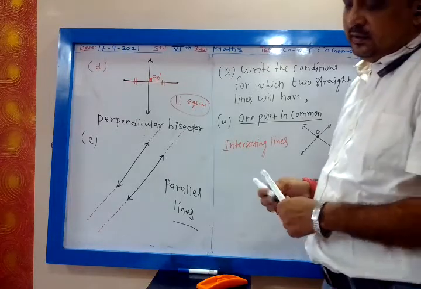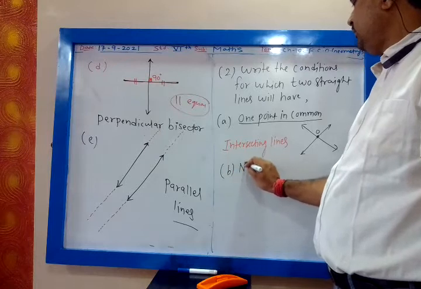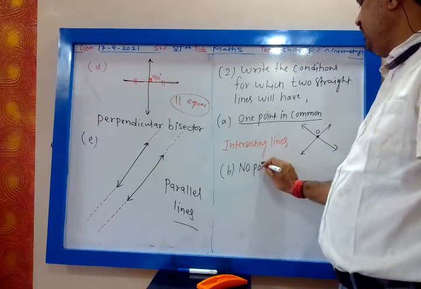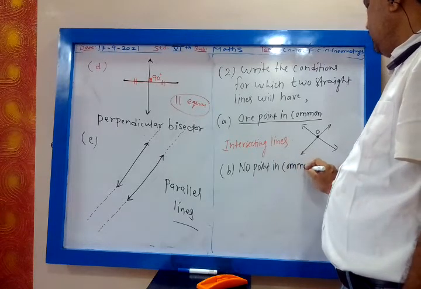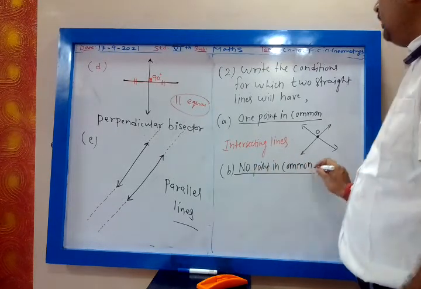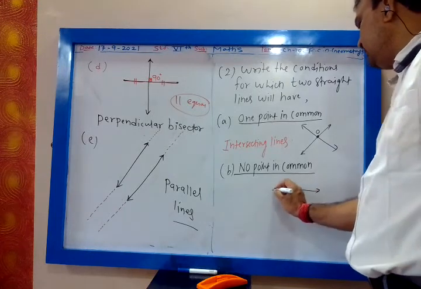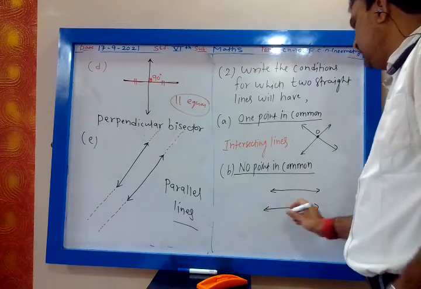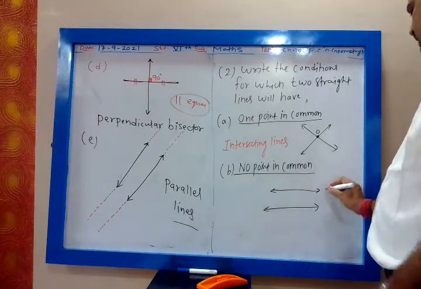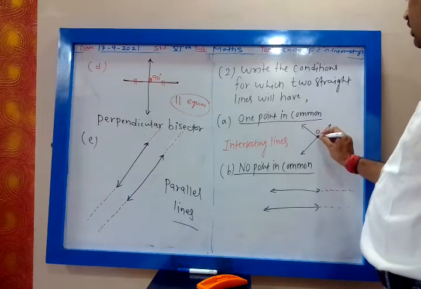Then B: no point in common. No point in common means parallel lines. Whenever they are parallel lines, they will never cut each other. Common means this is the common point.